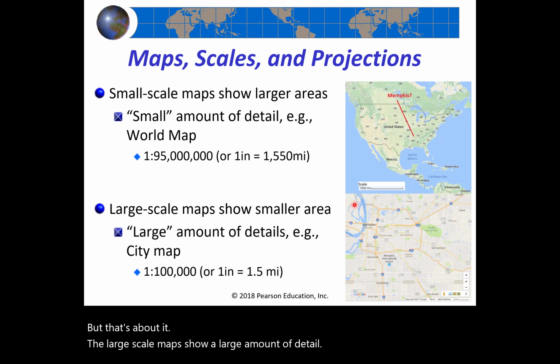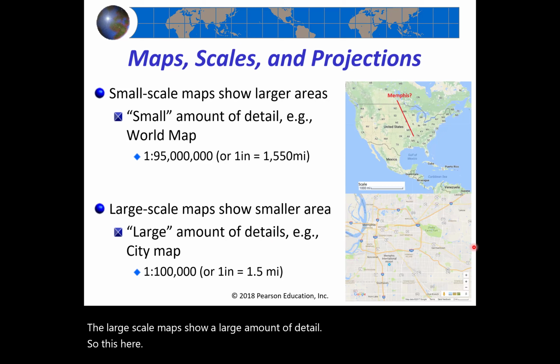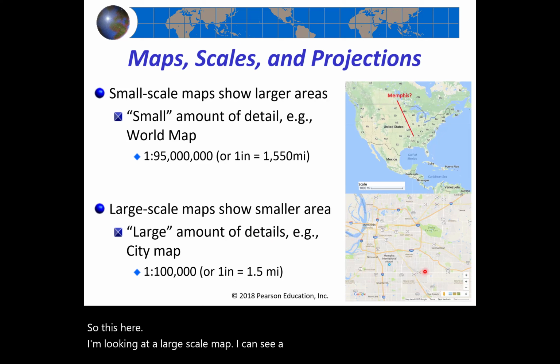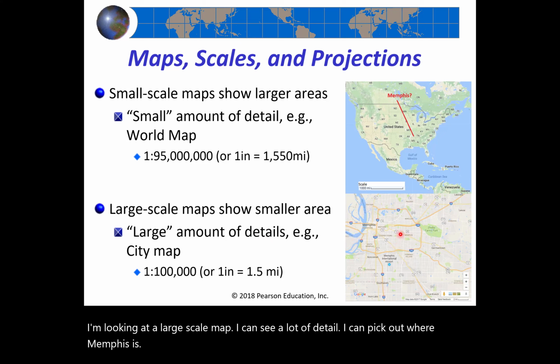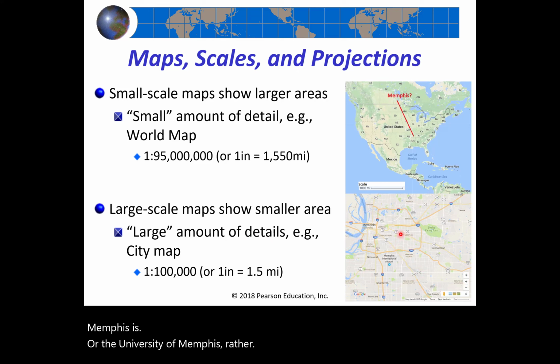So here, I'm looking at a large scale map. I can see a lot of detail. I can pick out where Memphis is, or the University of Memphis, rather. I might be able to estimate a little bit where I live.